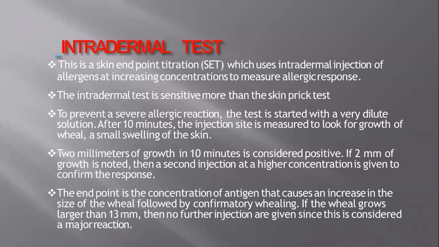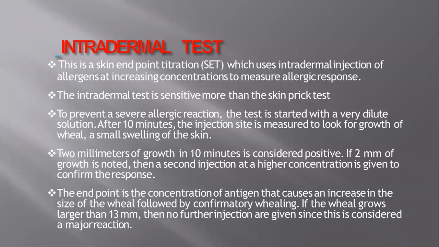The intradermal test is more sensitive than the skin prick test. To prevent a severe allergic reaction, the test is started with a very dilute solution, or we can say a very small amount. After 10 minutes, the injection site is measured to look for growth of the wheal, a small swelling of the skin, or we can say the bump of the skin.